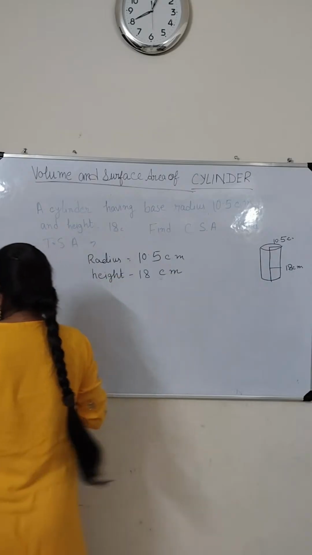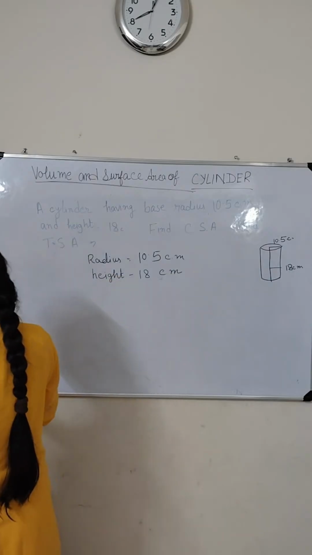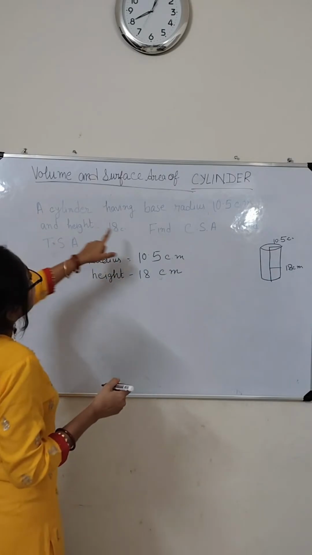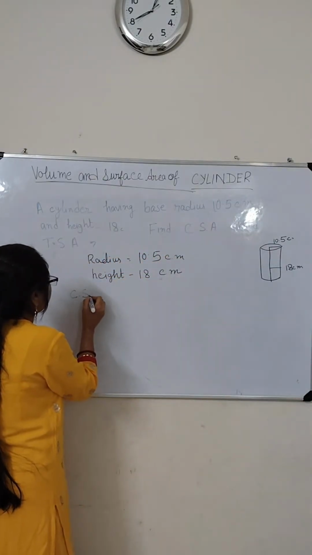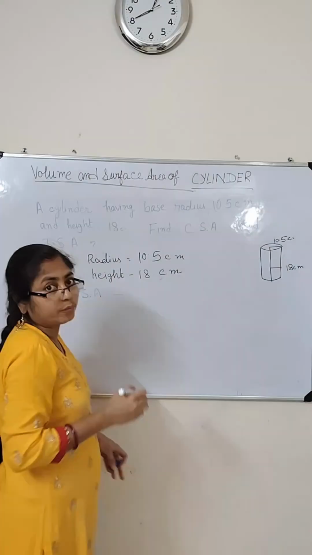Clear? Now, first curved surface area, CSA. What is the formula?